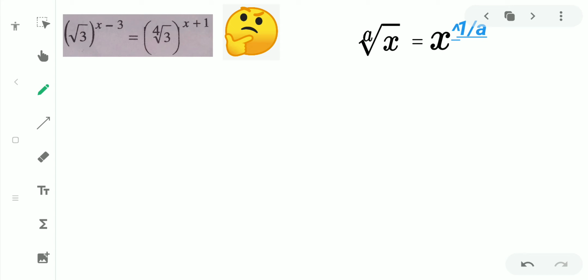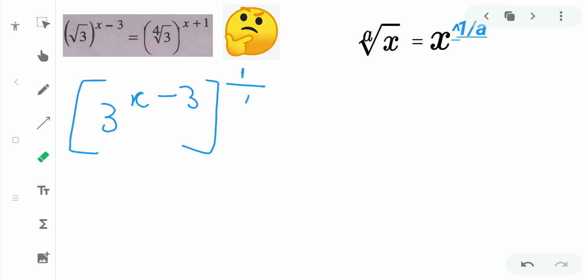We will have 3 whole power x minus 3, and now we will write 1 by 2, as it is square root, which is equal to fourth root of 3 only.